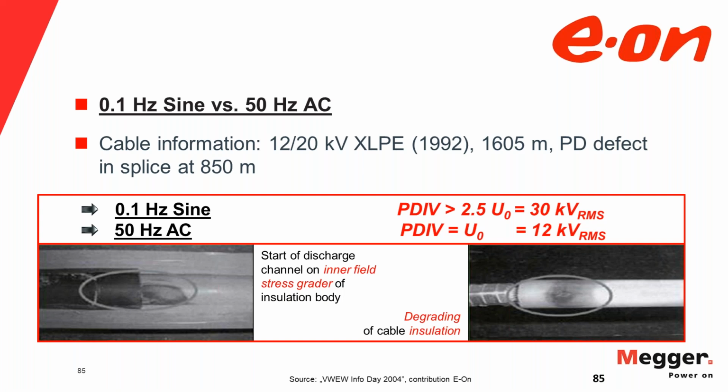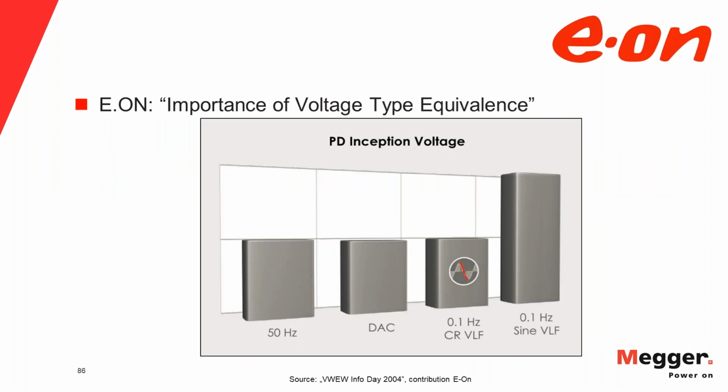So the takeaway message here is that because of the insufficient rate of change of voltage, you get a relationship between the voltage waveforms like this. 50 hertz: not practical for field testing. Damped AC: the gold standard. Slope, the cosine rectangular: diagnostics comparable to damped AC.